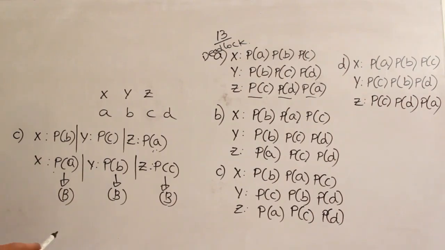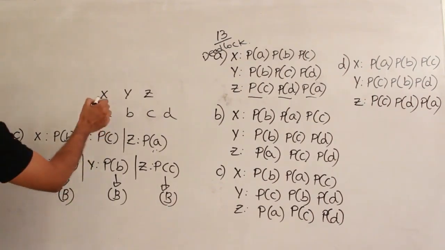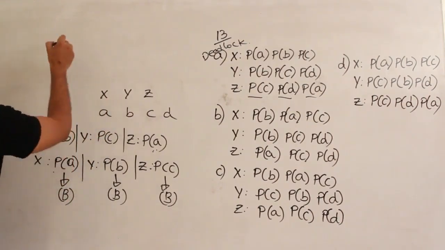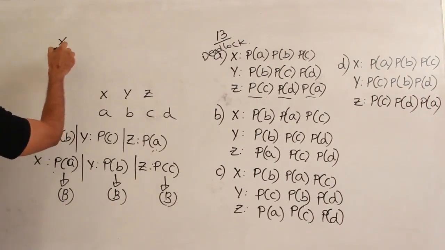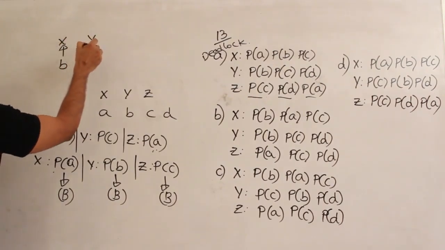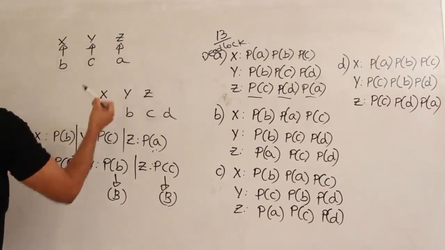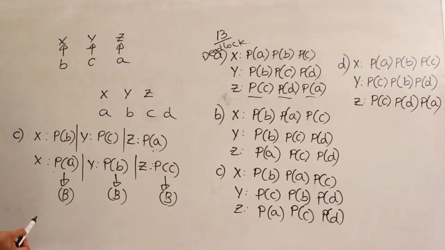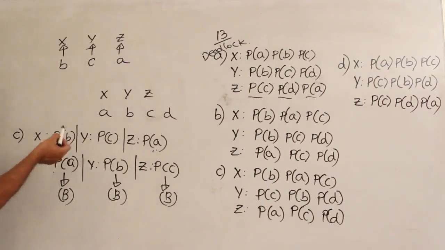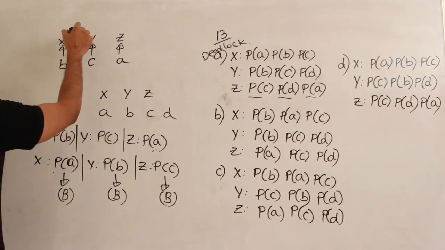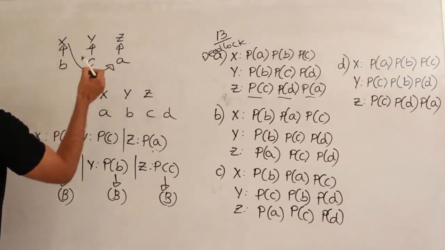Waiting for what? If you want to watch it, see this: X has taken B, and Y has taken here C, and Z has taken here A, right? And now X is waiting for A, which means X is waiting for A here, right?